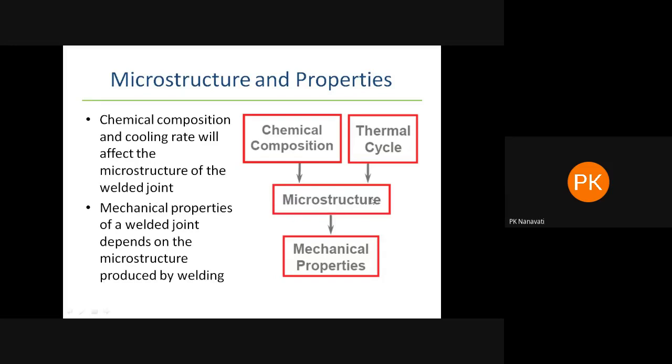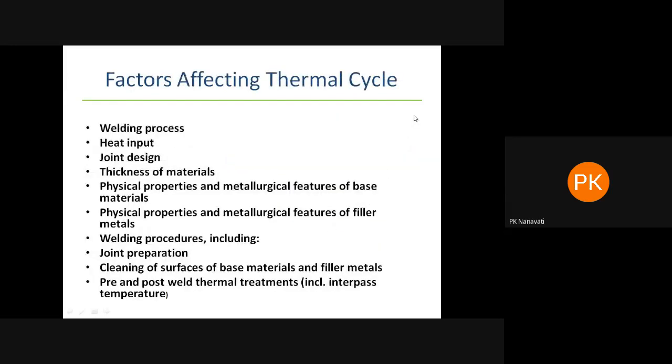So in this context, it is worth noting the factors affecting the thermal cycle. These are the welding processes, because most of the time we are dealing with arc welding processes like shielded metal arc welding, gas tungsten arc welding, gas metal arc welding, submerged arc welding, and plasma arc welding, right?